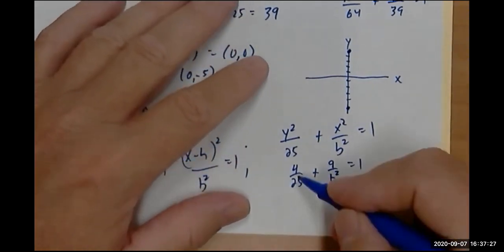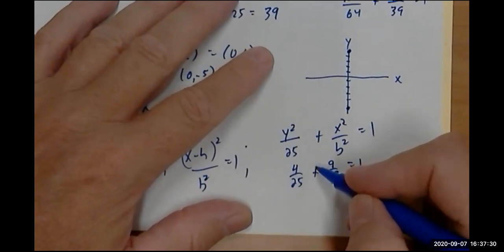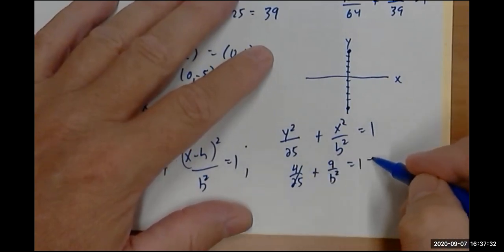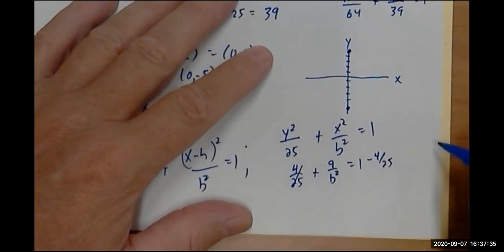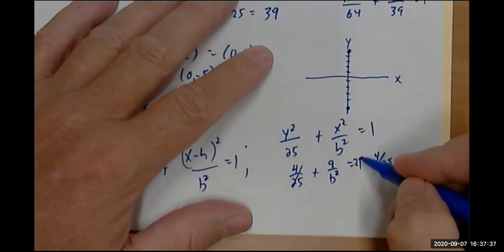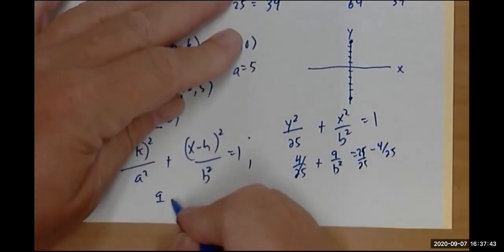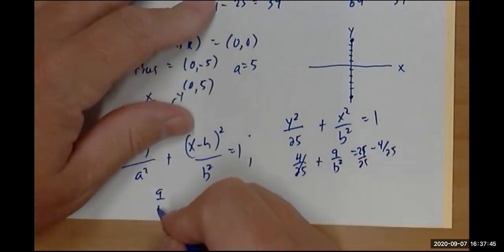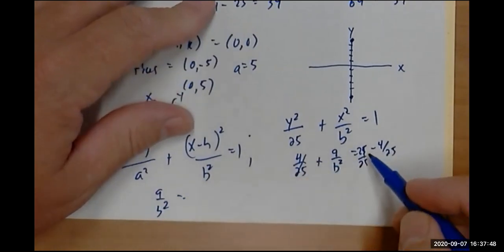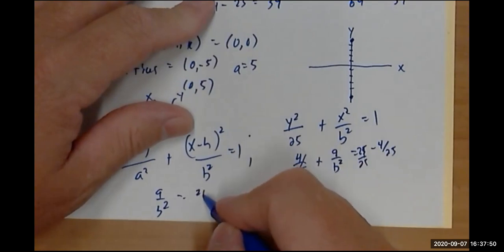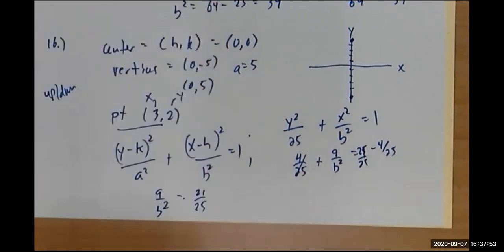Now it's some algebra. To solve for b squared, I'm going to subtract 4 over 25 from both sides. And in this one, I make 25 over 25. So by the time I finish all of that, I have 9 over b squared equals 21 over 25. Now, when you have two fractions that are equal, you can cross multiply, which is a quick and easy way to solve these.